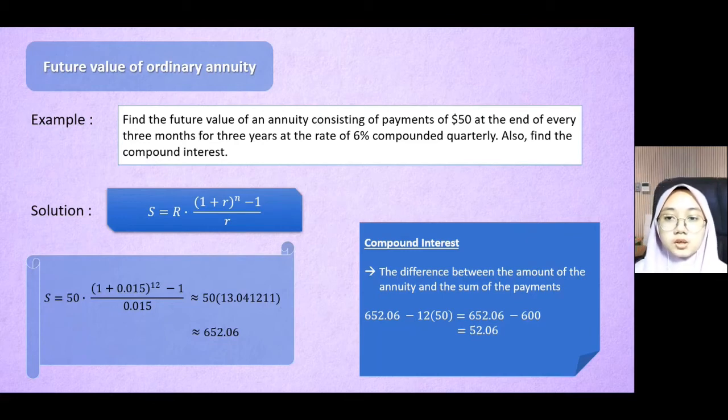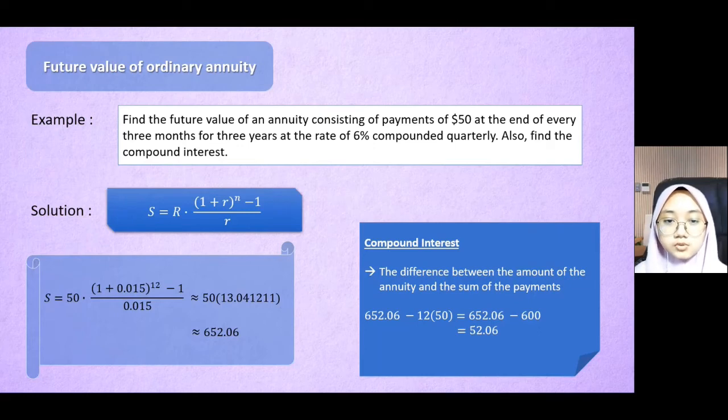At the end of every 3 months already indicates that this case is an ordinary annuity. The $50 that occurs at the end of every period is R, the payment for every period of time. The interest rate is not 6% because 6% is for every year, so we divide it by 4 because there are 4 quarters in every year.